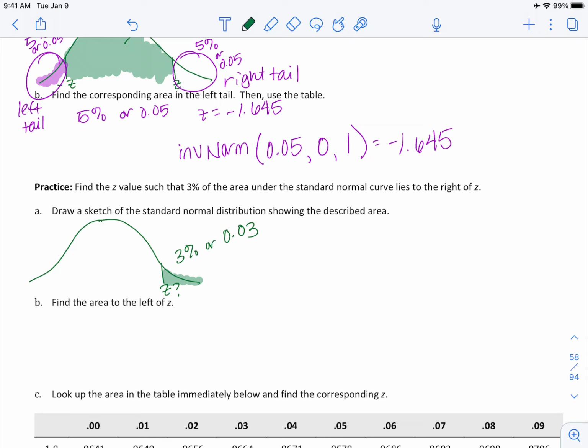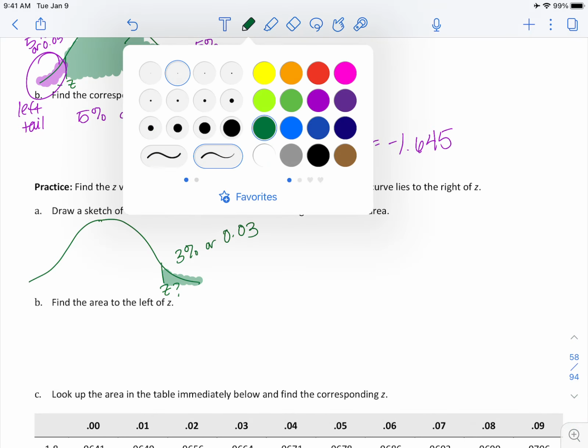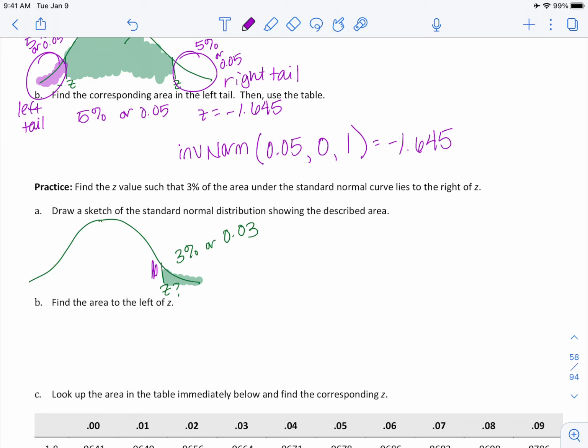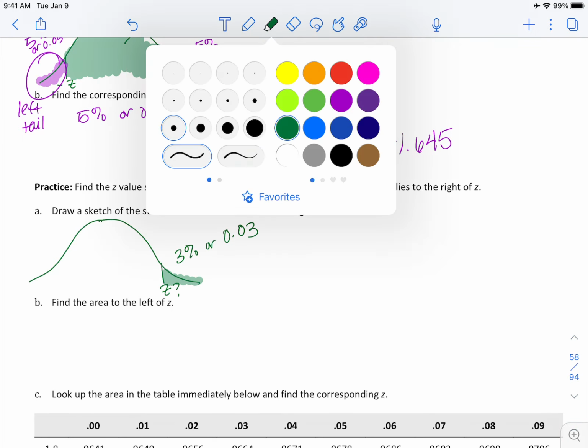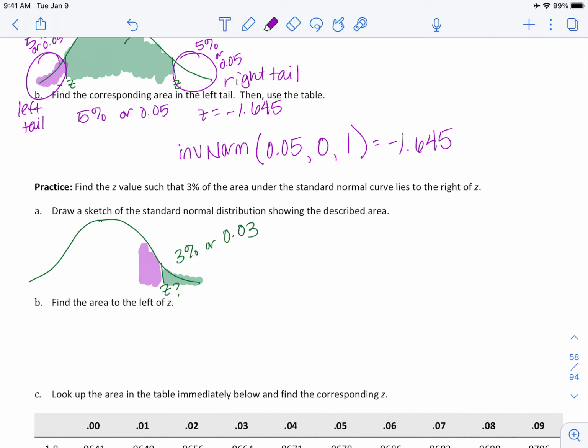So if we want the area to the left of z, now I'm referring to all of this. Well, if our total is 100% or 1, there's 3% to the right. That means 97% or 0.97 must be to the left.